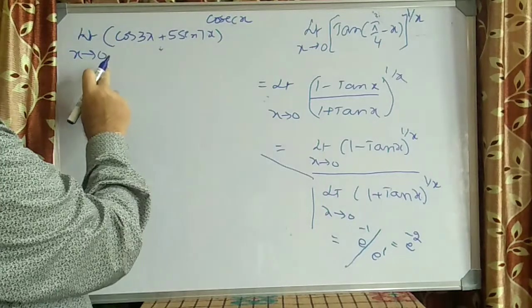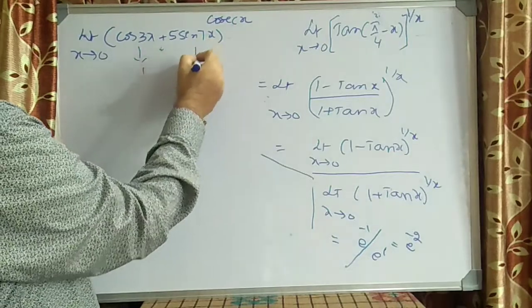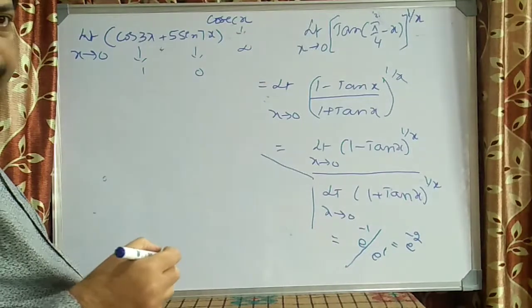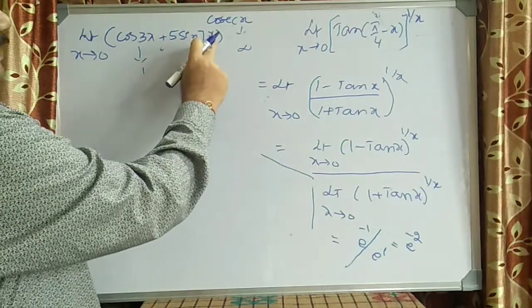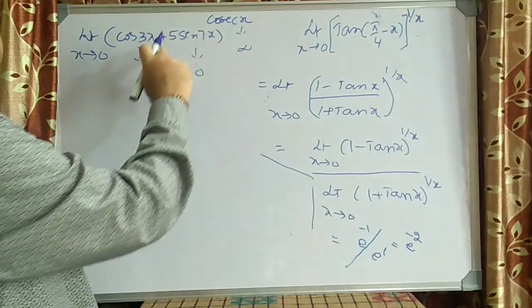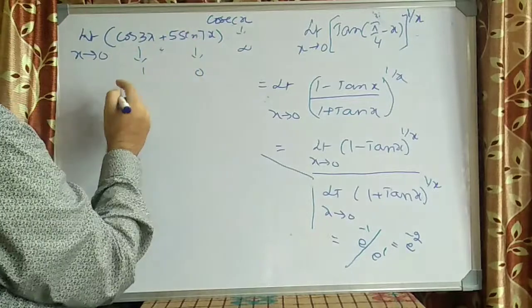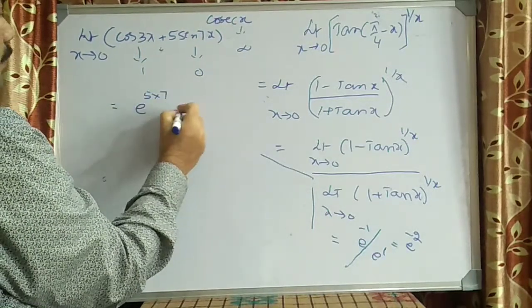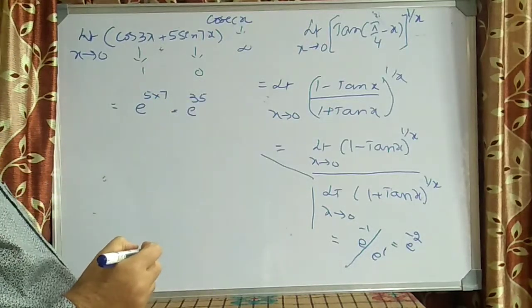Now you can see, if I substitute 0, the base becomes 1, the added term becomes 0, and the power becomes infinity. Very clearly, I have two terms becoming 0: one is x, the other is sin 7x. Both are becoming 0, so the coefficients are seen in the power of e. The total answer will be e to the power 35.